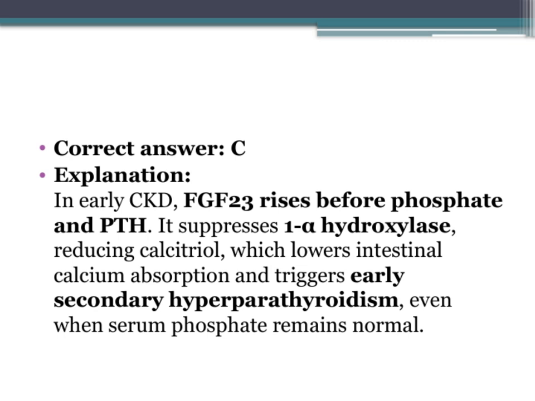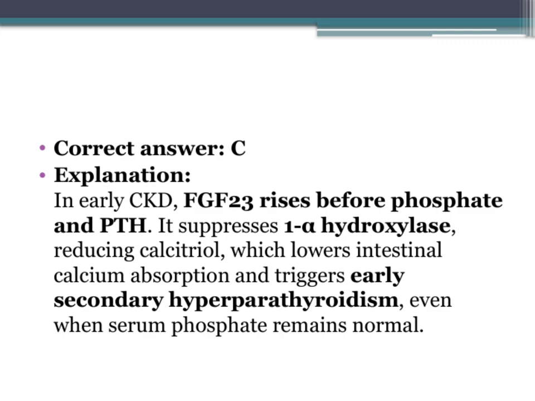This enzyme is responsible for converting inactive vitamin D into its active form, calcitriol. When calcitriol levels drop, it reduces the absorption of calcium from the intestines. This decrease in calcium absorption triggers a response known as early secondary hyperparathyroidism.